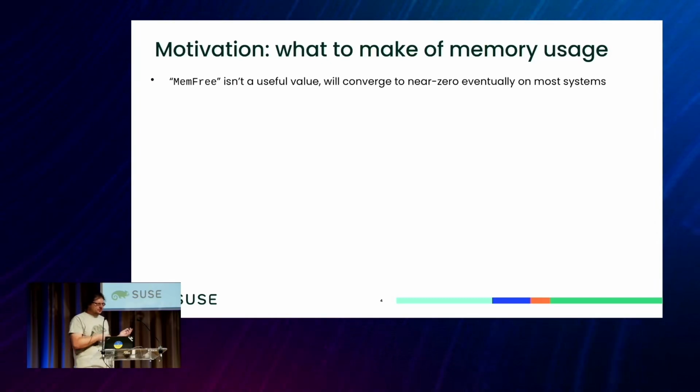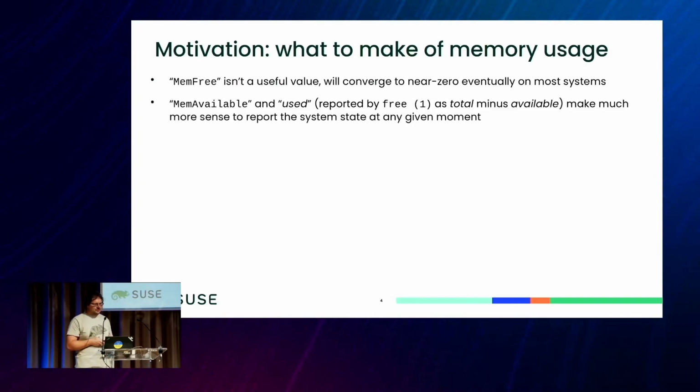So for example, we talk about how free memory is something that only exists shortly after boot, and then it's filled with page cache, so it's not a useful value anymore. Available memory tries to estimate how much of the page cache can be easily reclaimed and used for something else, so that's something better.